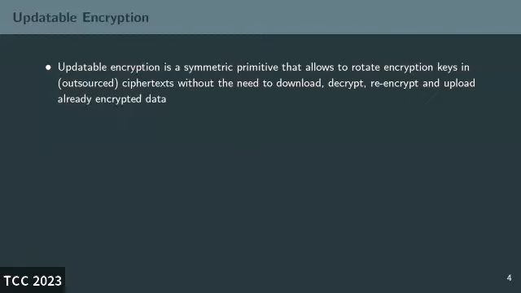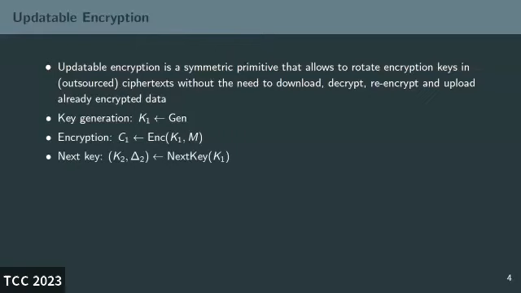And updatable encryption gives you a more elegant way to do this. So key generation works as for any symmetric encryption scheme, and also encryption. But then you have this next-key functionality that takes as input the key and outputs a new key together with an update token, this delta 2 here.